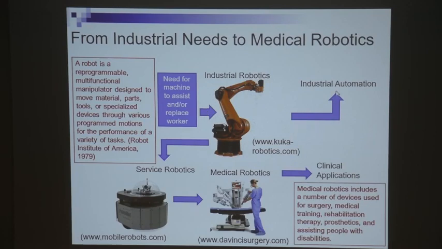The industrial robot then led to industrial automation, but the industrial robot is also evolving to become a service robot. Then come the medical robots, which then move on to clinical applications. So you can see the evolution from the industrial need to the medical robot.